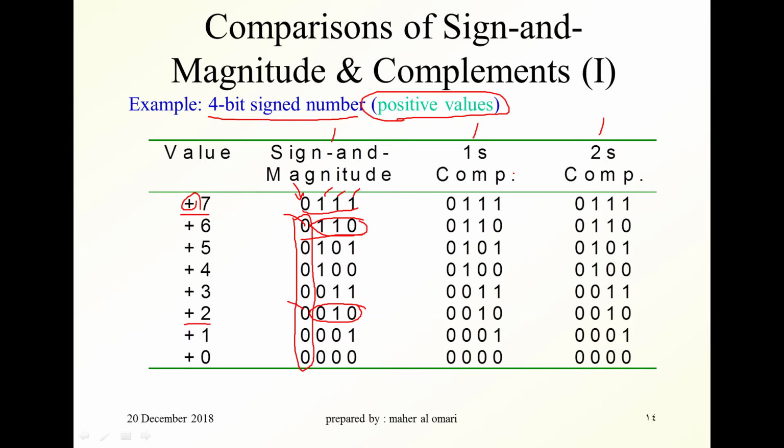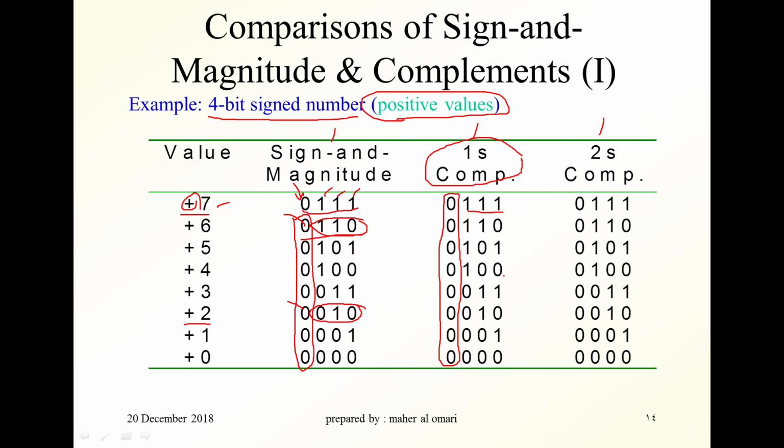Okay, in the 1's complement notation, the positive numbers are expressed the same as in sign magnitude notation. The first bit is the sign bit, which is always, in this case, equal to 0, and this here is the magnitude of the 7.